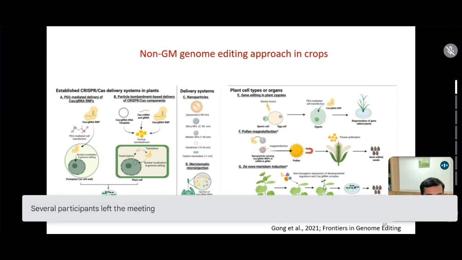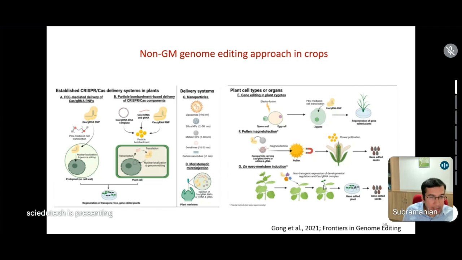You can use particle bombardment to deliver gold particles containing the CRISPR-Cas system. And you can use nanoparticle-based delivery systems. You can use meristematic microinjection, and you can target all types of organs to introduce your gene editing construct.